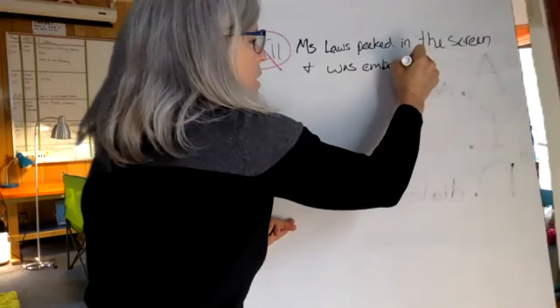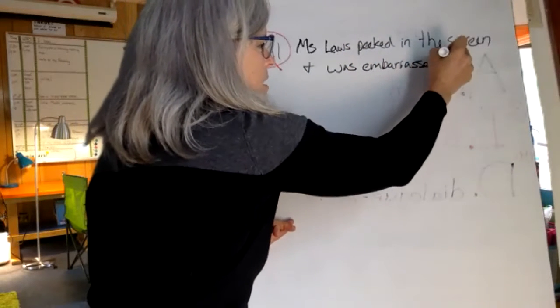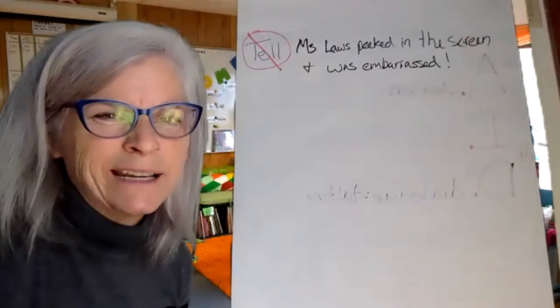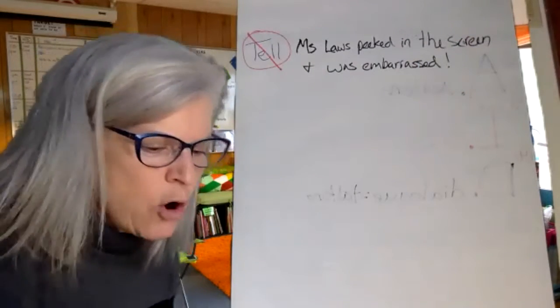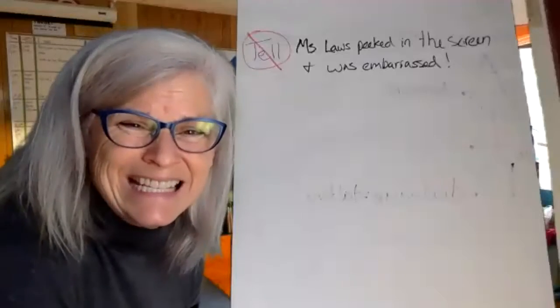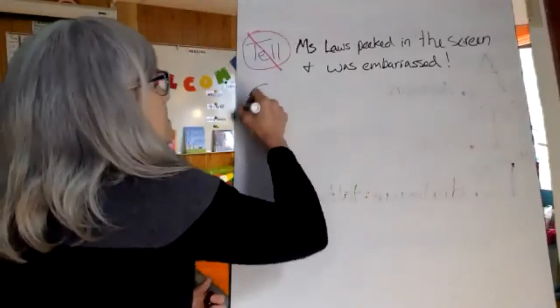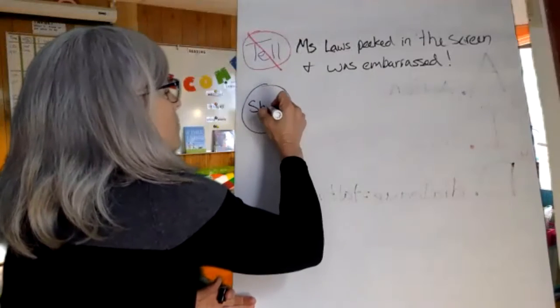Sorry about my sloppy writing, but right now is not a time to spend a long time on writing. All right, that's tell writing, and it's kind of boring. And it doesn't show what's going on, and so it's not S-A-I-D writing. So what I do want you to do is show.